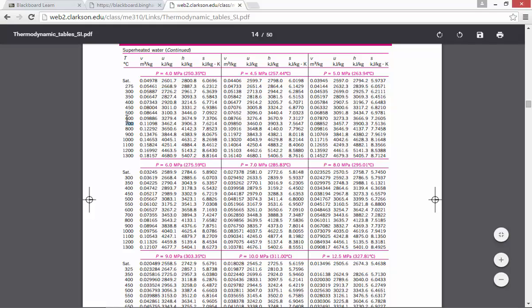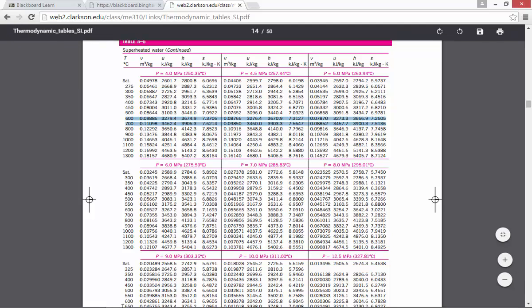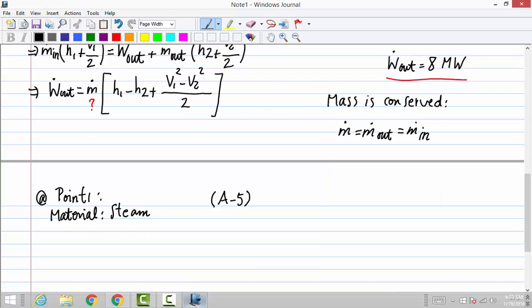So let me show you. I'm looking for H right in between this value and this value. So just take the average of these two. That H would be at the average of these two temperatures, which is 650, and is exactly what I'm looking for. And I'm gonna do the same thing later on for entropy in between these two. Just want to tell you in advance.